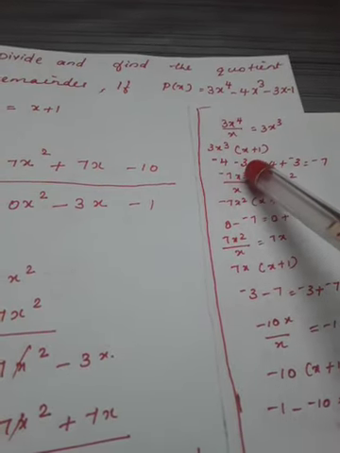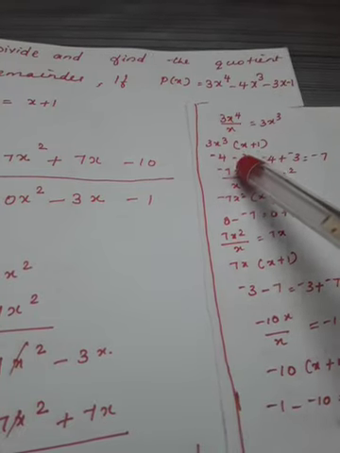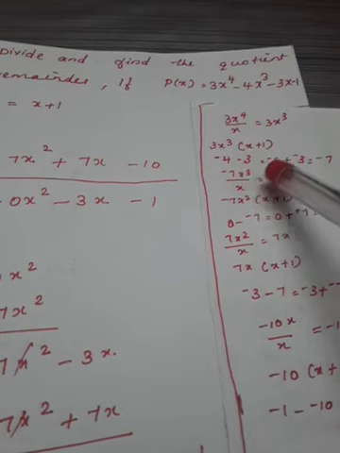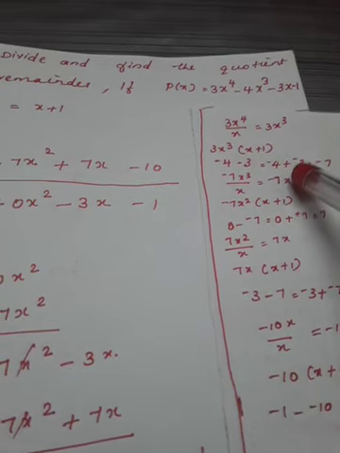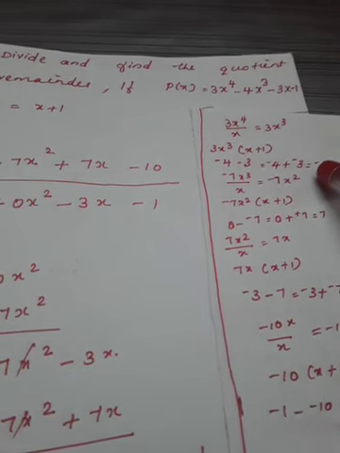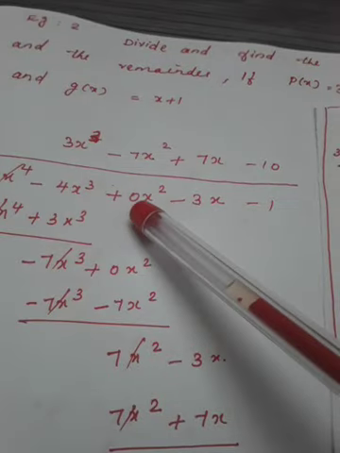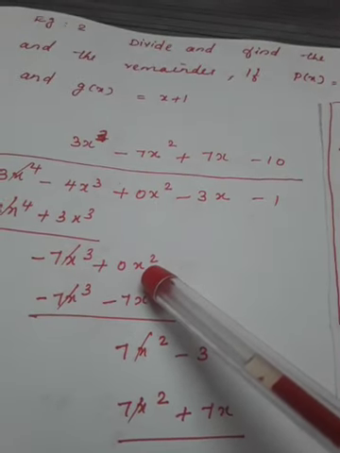Negative 4 minus 3 becomes negative 4 plus negative 3. So both are negative, so add and put the negative symbol. That means negative 7. So we wrote that here, negative 7. Then we should write the next term, 0x square.